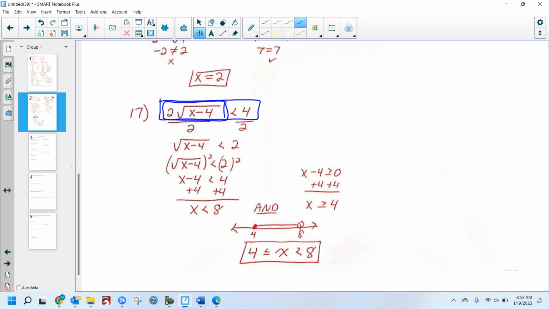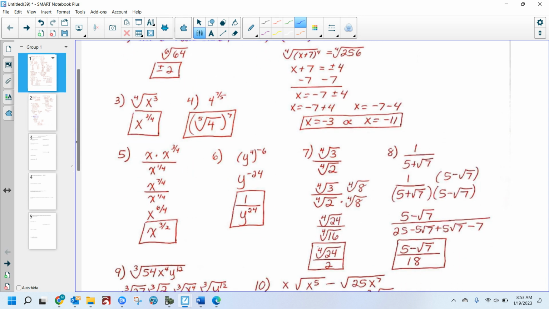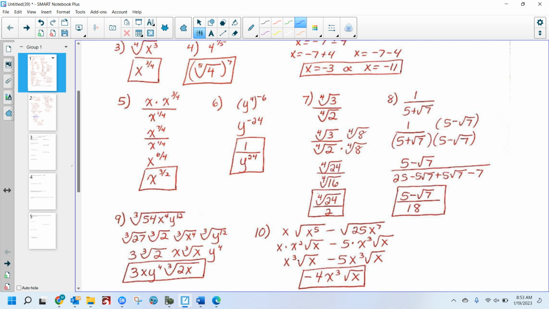Kelsey? Can you go over 8, please? Yeah, so when you see a square root in the denominator, you have to multiply by what's called the conjugate. So I'm going to multiply by 5 minus radical 7 over 5 minus radical 7. And we get 5 minus radical 7 over, and I have to FOIL that out, 5 plus radical 7 times 5 minus radical 7.